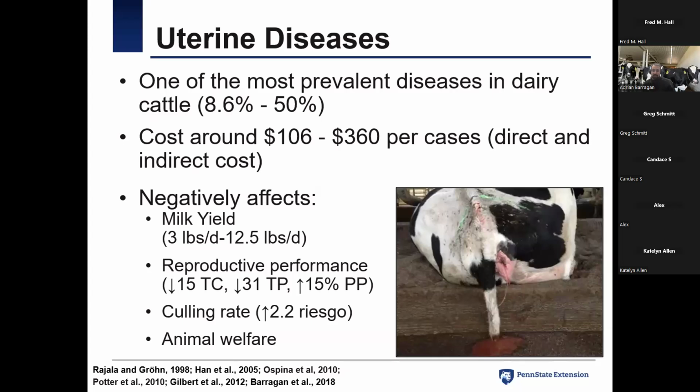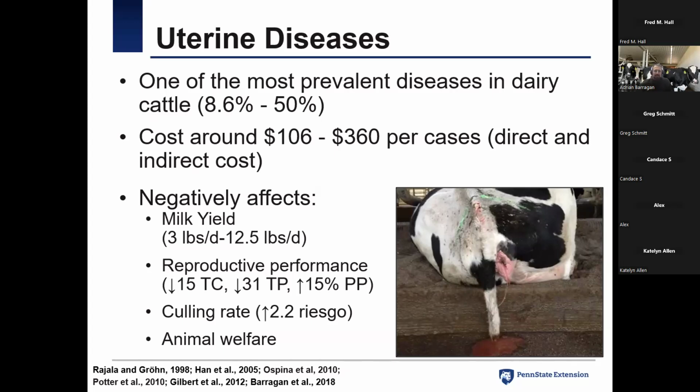The cost is significant: costs from previous studies are between $100 and $360 per case. That considers the veterinary bill, the loss in performance, the loss in fertility, and so on.